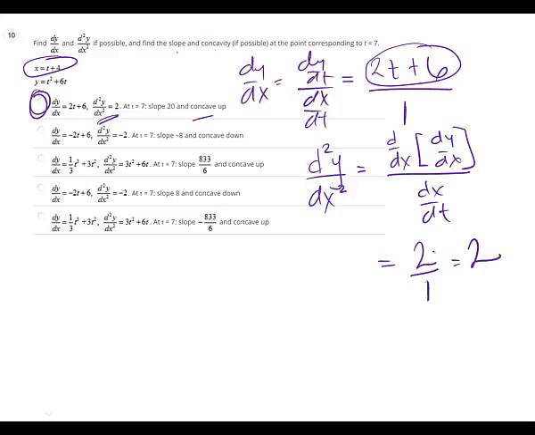Wait, where did you get the 1 from? The bottom? I took the derivative of this one right here. You take the derivative of y, or? You take the derivative of whatever you got for dy dx, and you divide it by dx dt. So, 2 over 0 though? No, because you're going back to this here. This is the dx dt. You want this and this to match.